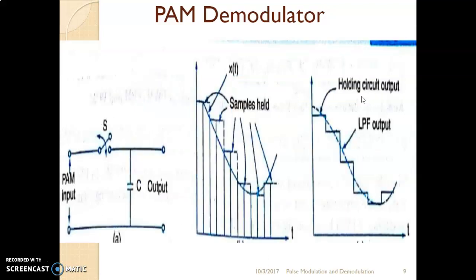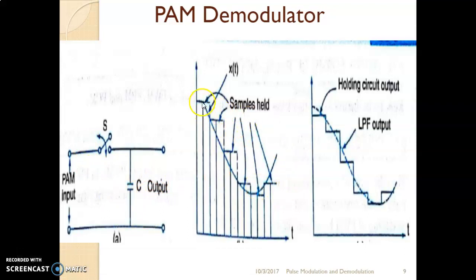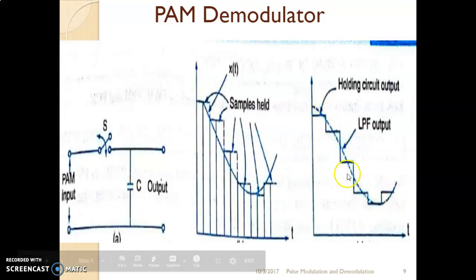If you want to see the waveform, you can see here, this is the PAM signal given to a switch and a holding circuit. At this point the switch is closed and it is holding, and once you get the tops of the flat top PAM, then after passing through a low pass filter you can easily trace your original information signal.